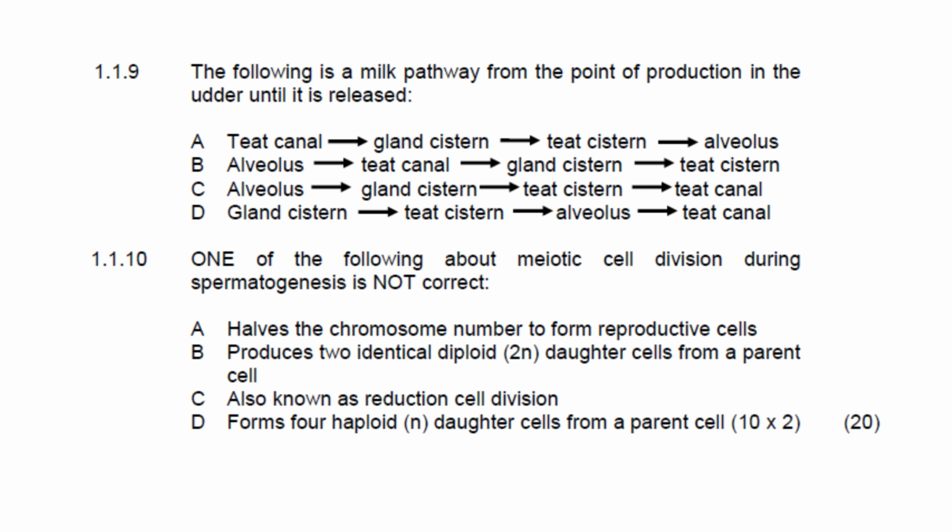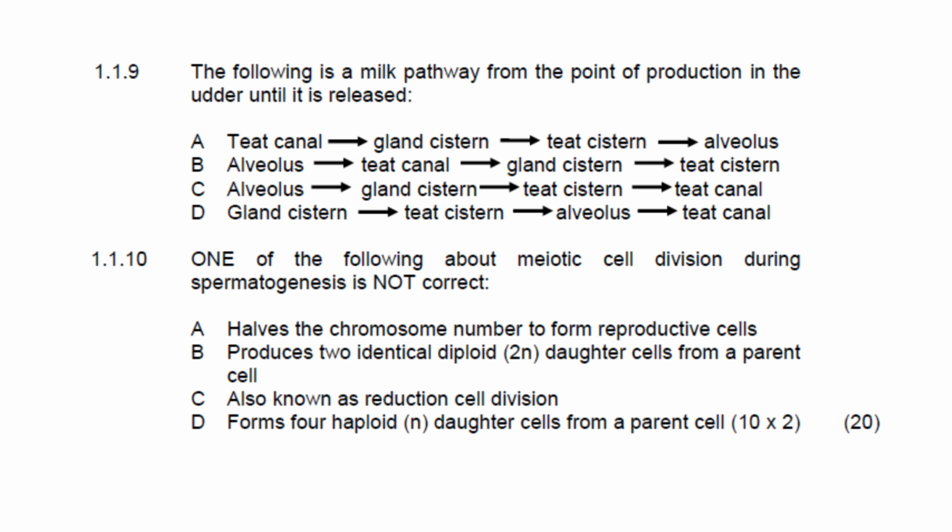It halves the chromosome number to form reproductive cells, or it produces two identical diploid daughter cells from a parent cell, or it is also known as reduction cell division. Or it forms 4 haploid daughter cells from a parent cell.